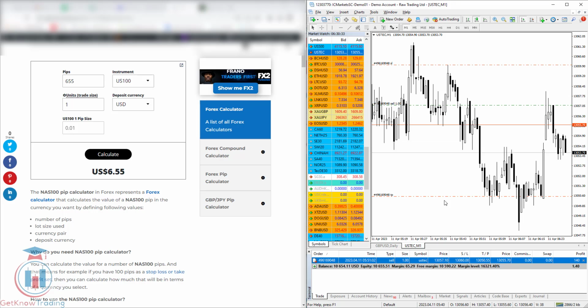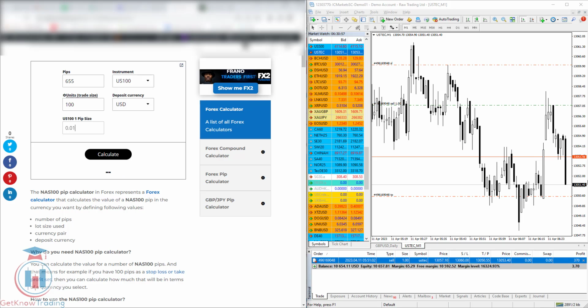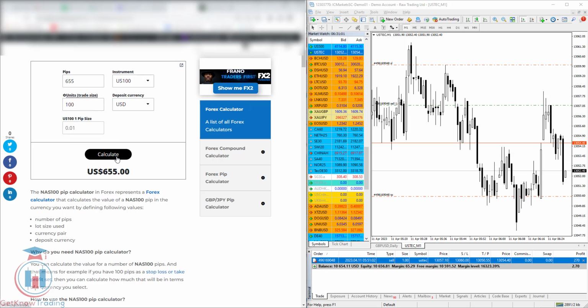So have in mind, if you have different deposit currency instead of US, you simply change this one here and click calculate. The pip calculator for the NASDAQ will calculate this for you. So have in mind, for example, if you put here 100 units, for example, you have different broker and he gives you the pip size, which is 0.01, the price change, then you would calculate this one and you would get this one here.